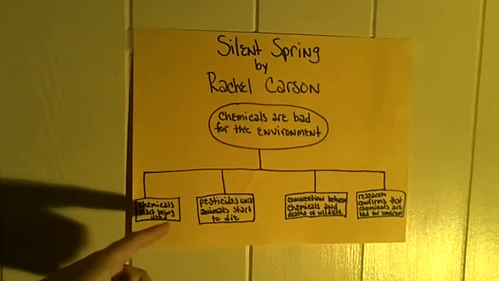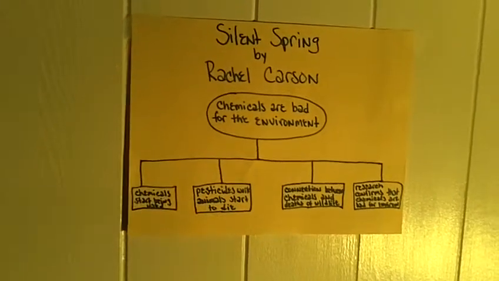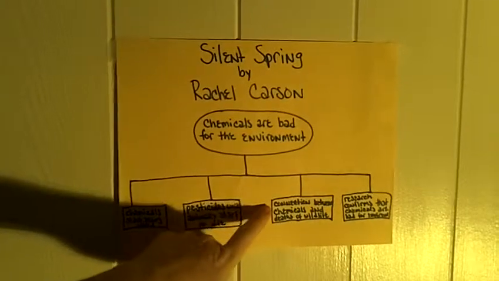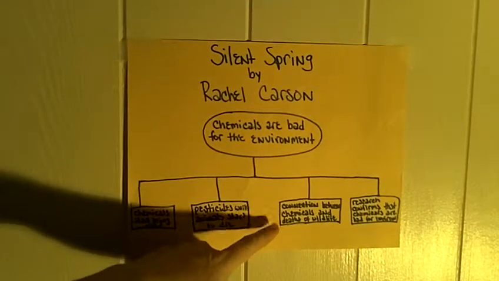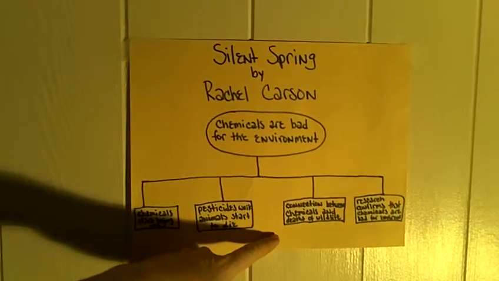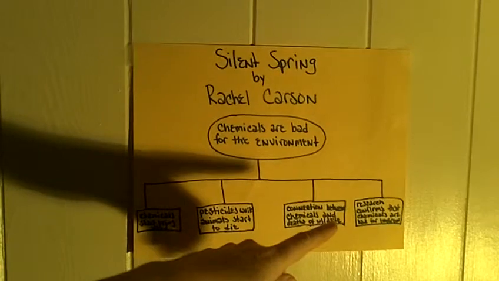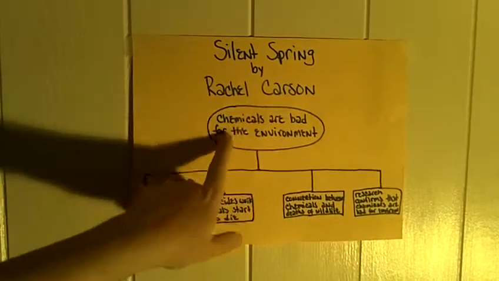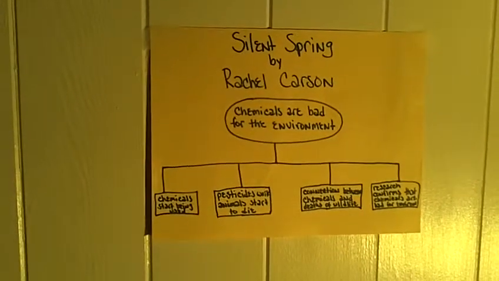The pesticides were very effective, but then there started to be loss of life for wildlife and animals, and people started to think there might be a connection between the use of the chemicals and pesticides and the deaths of wildlife. So research was done, and those studies confirmed that chemicals are bad for the environment, which is the main idea of the story.